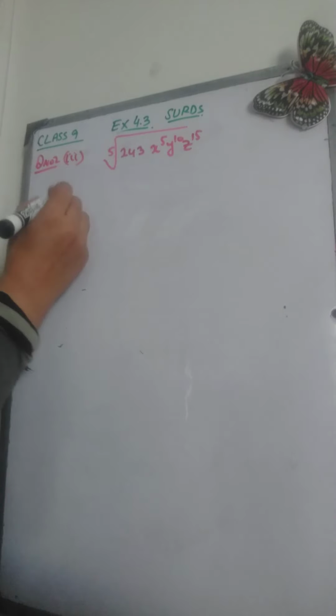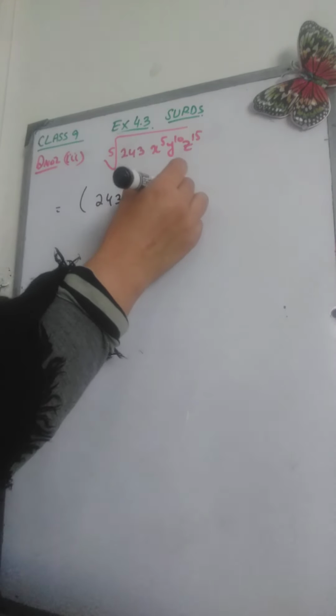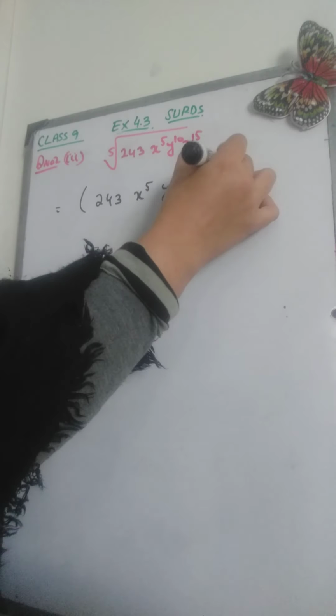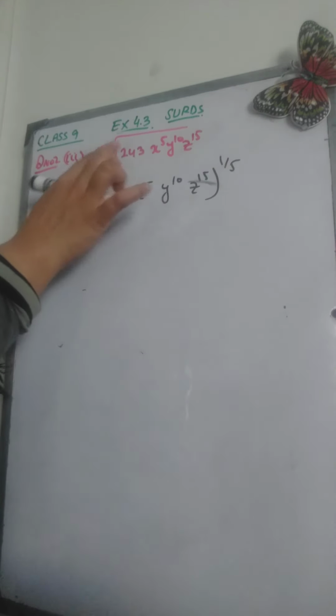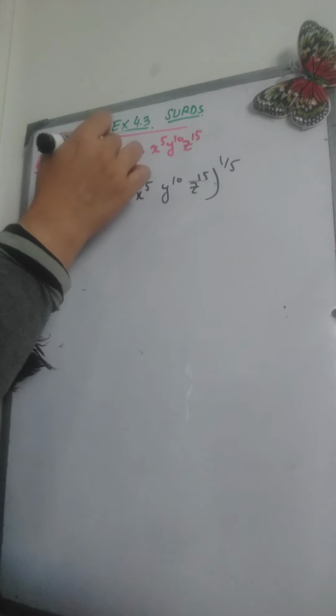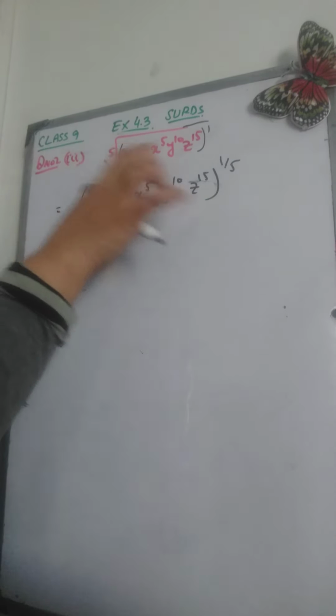First of all, express this expression in the form of exponents. So this is the fifth root of this whole number. So fifth root in exponential form is written as raised to power 1 by 5, because the power inside the radical sign is 1, and outside, the index, is 5.